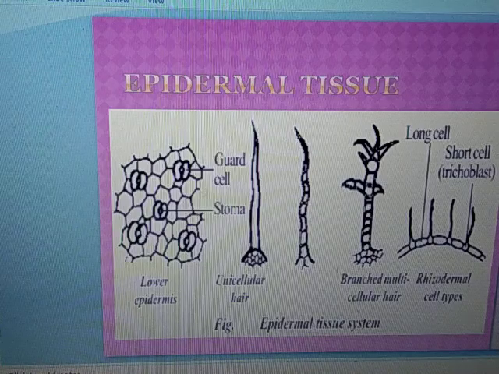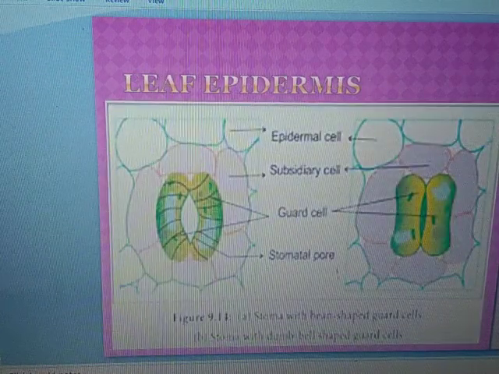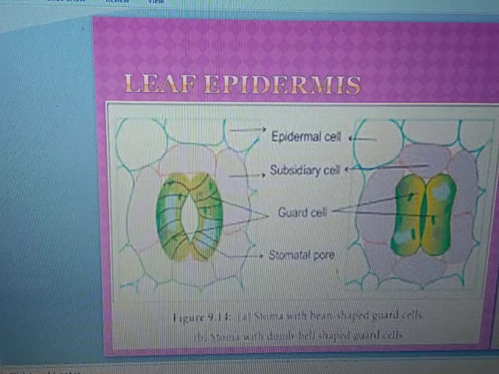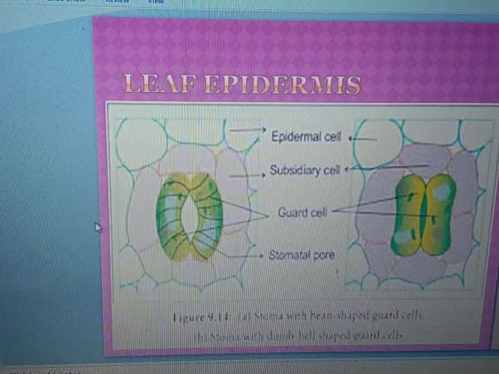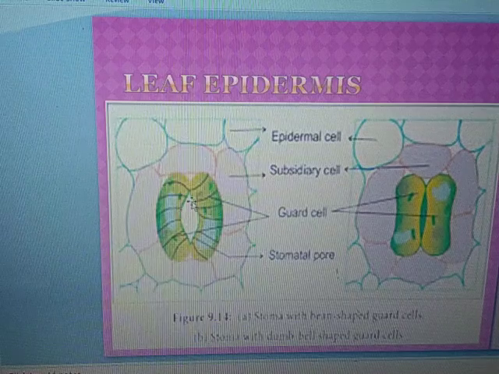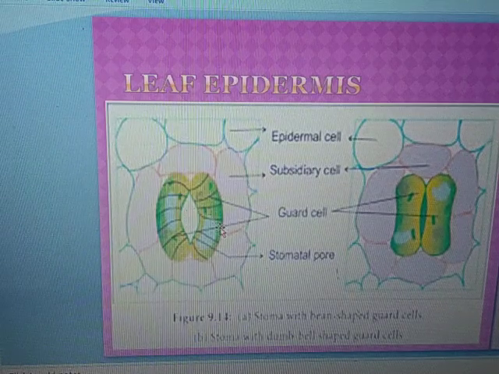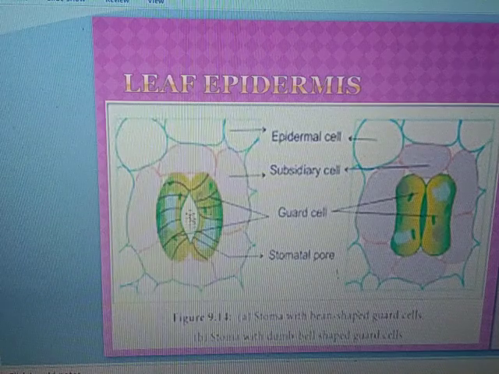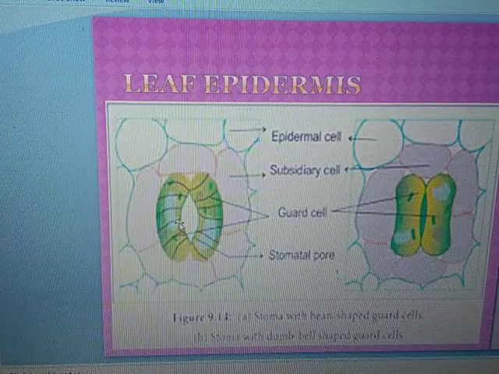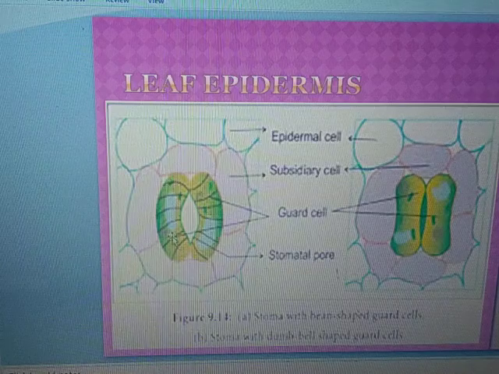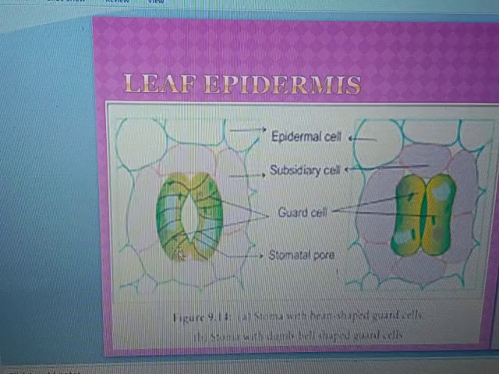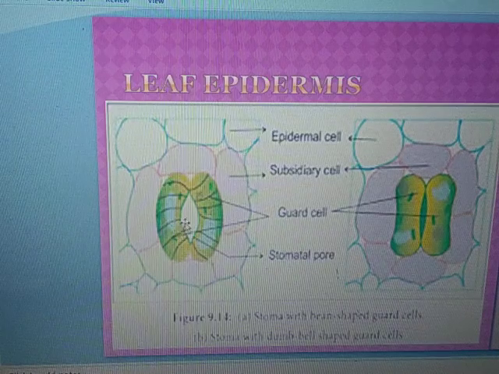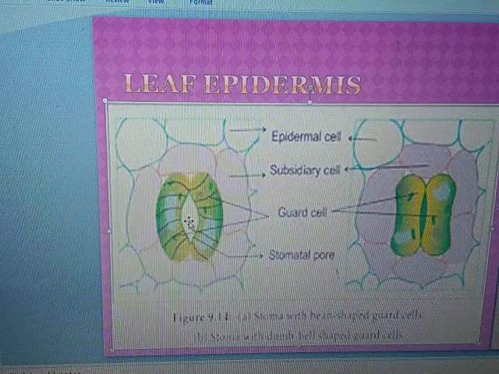If you observe the leaf under the microscope, you can see that the leaf has small pores present. These pores are called stomata. The stomata are guarded by two cells called guard cells, and the space between the two guard cells is called the stomata.